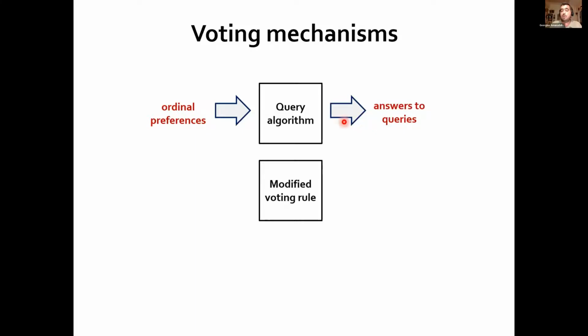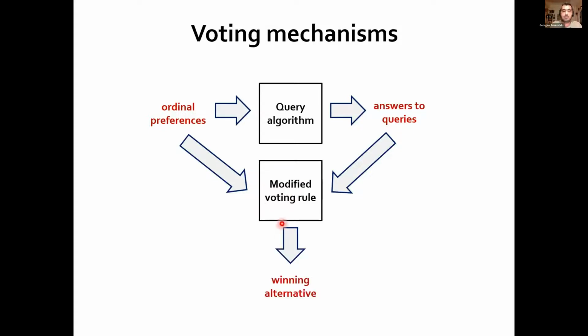And then we have a modified voting rule. I say modified because a typical voting rule would just take the ordinal preferences, but here, of course, we want to take both the ordinal preferences and the extra cardinal information we extracted. And then we decide the winner. While we only consider deterministic mechanisms, here we could have randomization in either part.